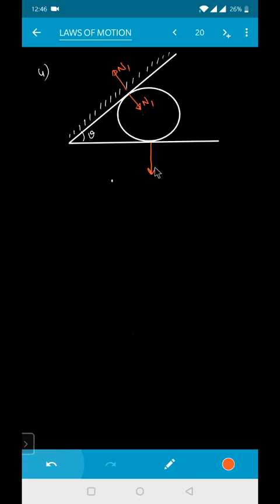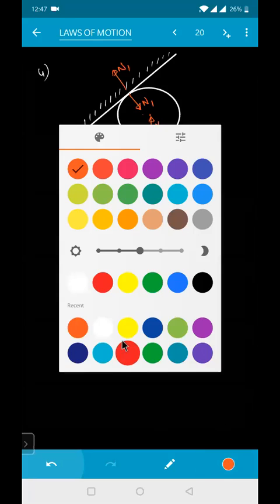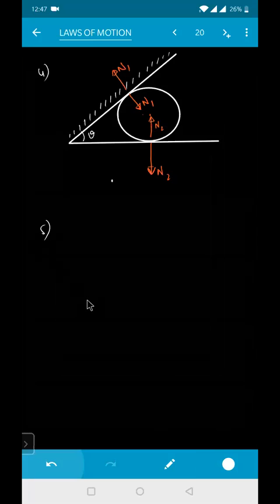If this is in contact here, this is N2, and this also exerts one more force, that is N2. And this always acts along the radial path towards the center. You need to keep that in mind whenever you are drawing the conditions. Clear for everyone? Yes, sir. One more, please try to tell me the FBD of this one.